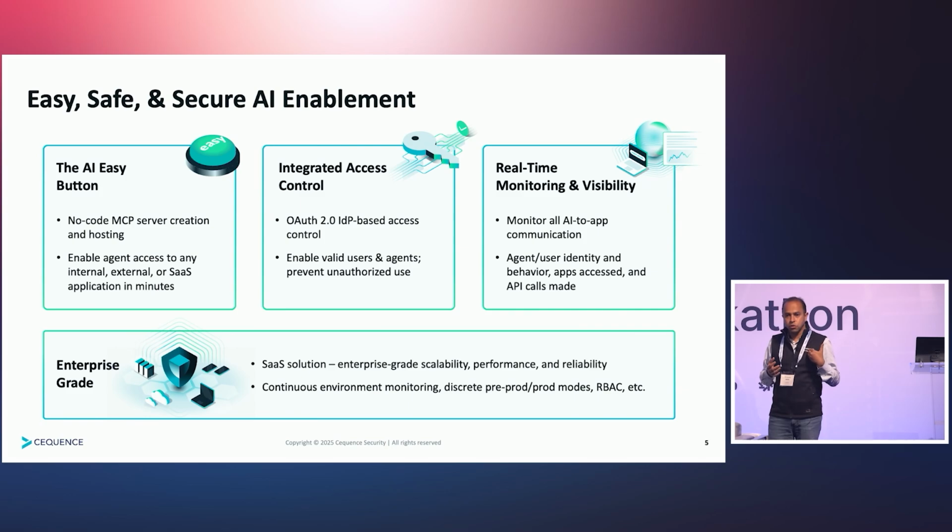If I, as a user, am able to read emails and send emails, to the agent I might only allow it to read emails and summarize them for me, not allow it to send or delete emails. So how can I do it at enterprise scale, not at the single local MCP server level? That's the second thing that we do, all plug and play in that setup.